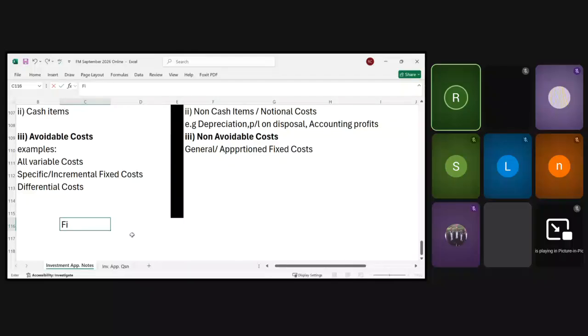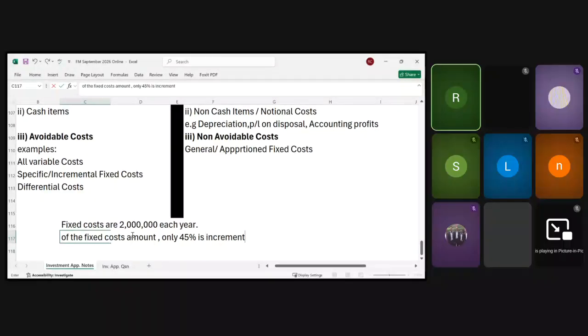For example, fixed costs are 2 million each year. Only 45% is incremental or specific. What does that mean?